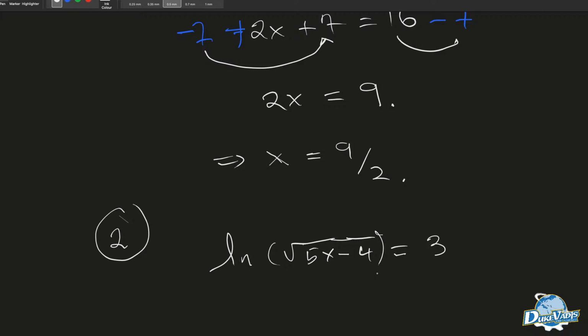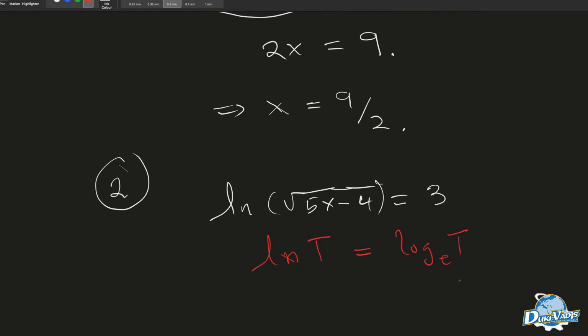Bear in mind that anytime we see natural log of t, it can also be written as log to the base e of t. That's a natural log of t.